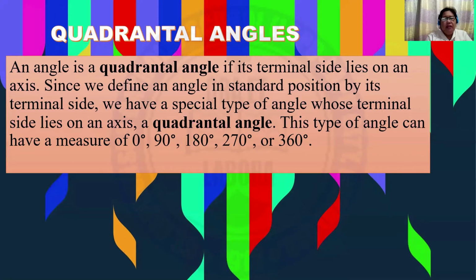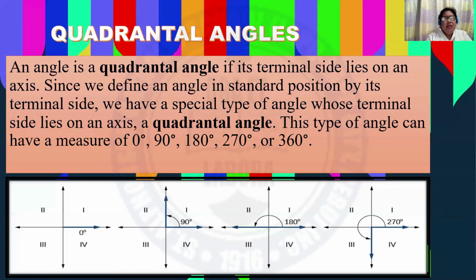This type of angle can have a measure of 0 degrees, 90 degrees, 180 degrees, 270 degrees, or 360 degrees. So this is the illustration. For a zero angle, the initial side coincides with the terminal side.